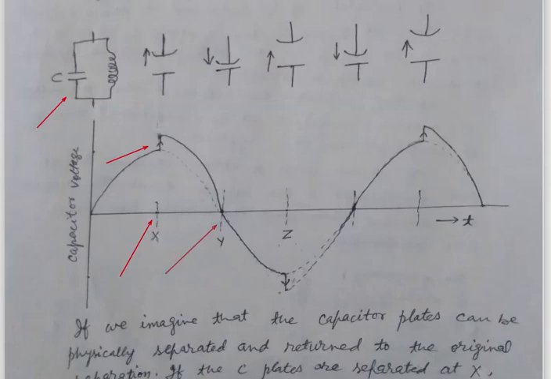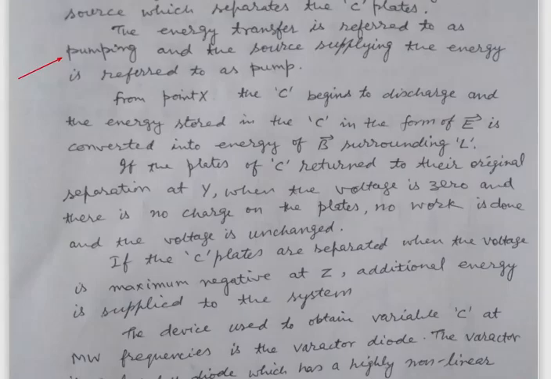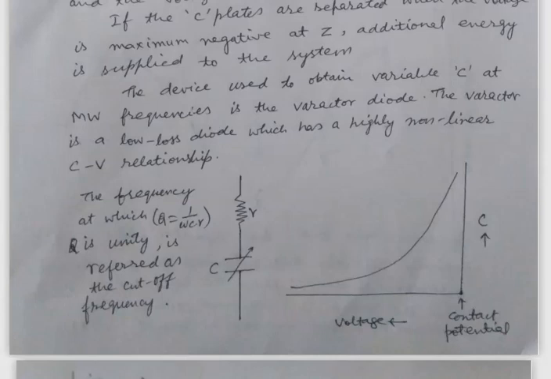Now when the voltage goes to a minimum between the capacitor plates, at this point Z, again the capacitor plates are pulled apart by the physical mechanism, then the work will be again done on the capacitor by the pumping voltage.